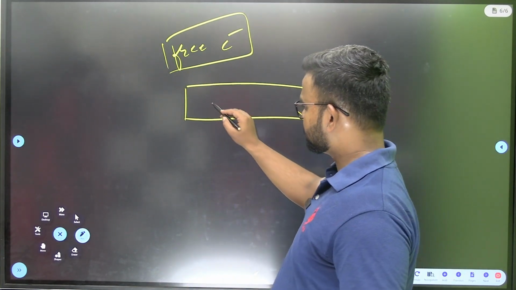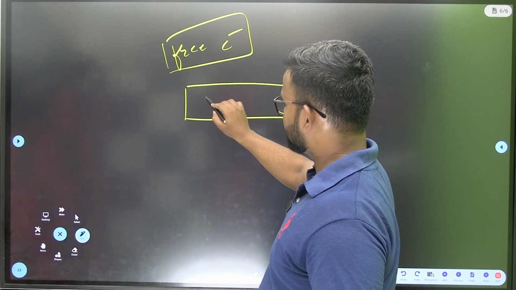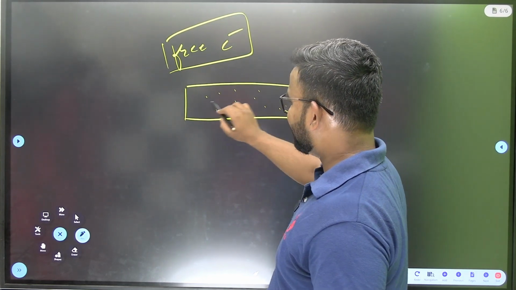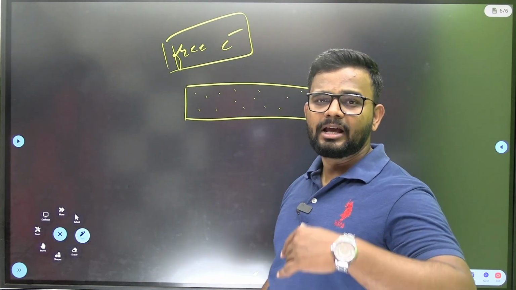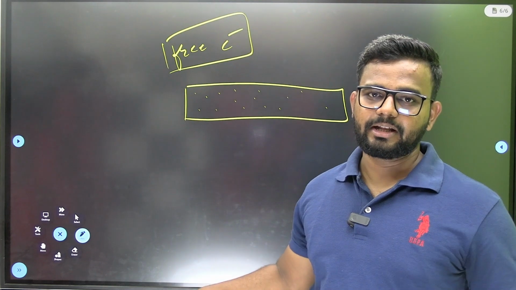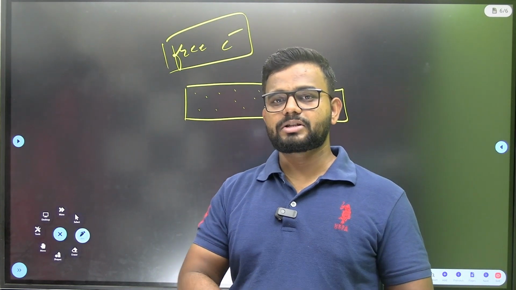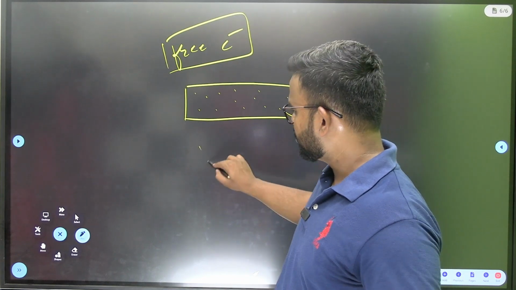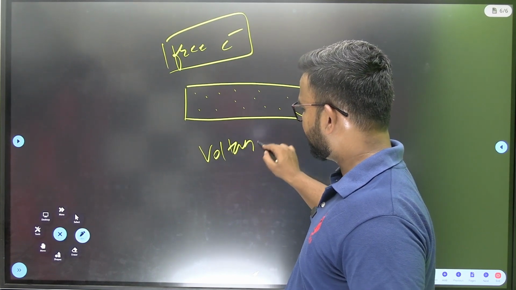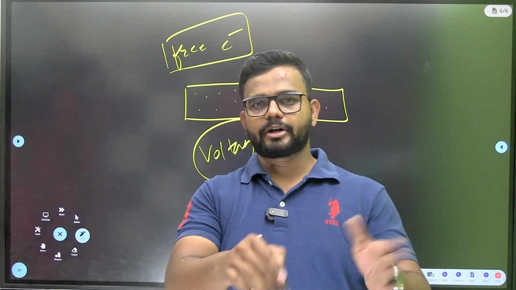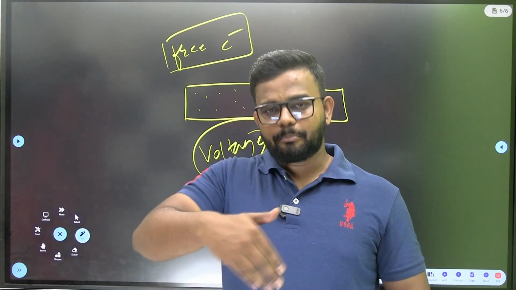Suppose these are the free electrons. These dots represent the free electrons. These free electrons help in the conduction of electric current within this material. They are electrons which have very weak force of attraction, and on the application of voltage... we are going to study everything, voltage and everything, how electric current gets produced, in upcoming sessions.